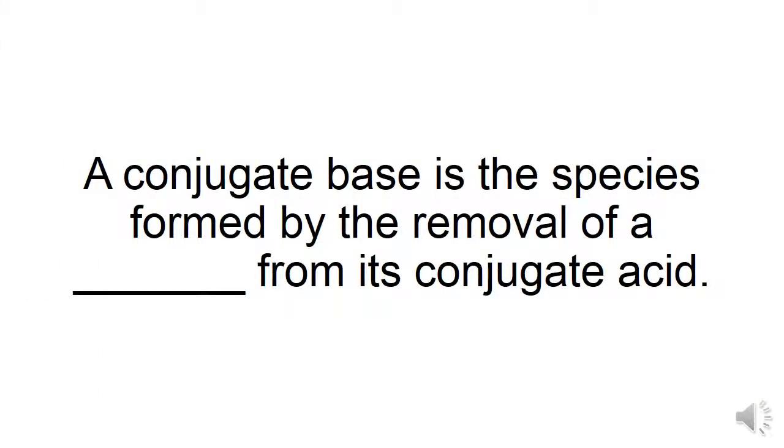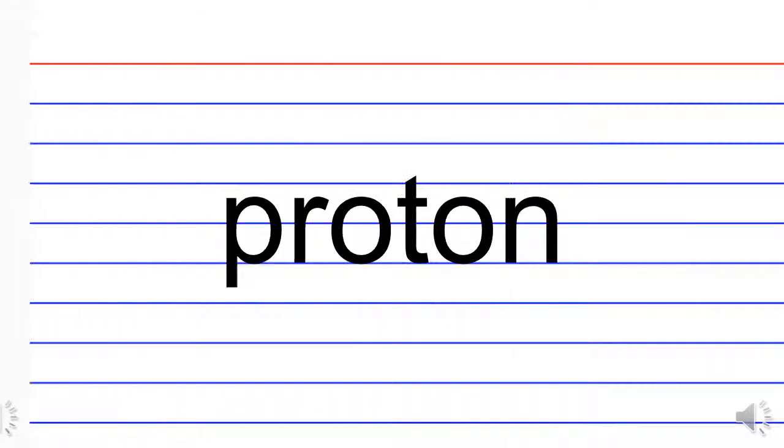A conjugate base is the species formed by the removal of blank from its conjugate acid. So what has to be removed to form a conjugate base? That would be a proton or a hydrogen ion.